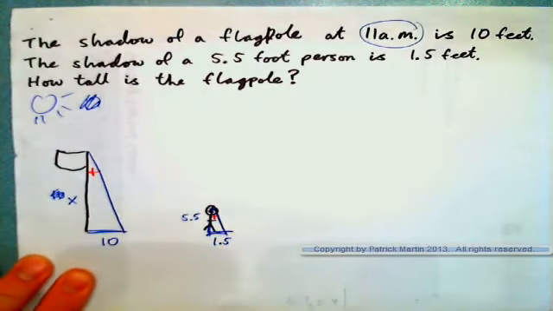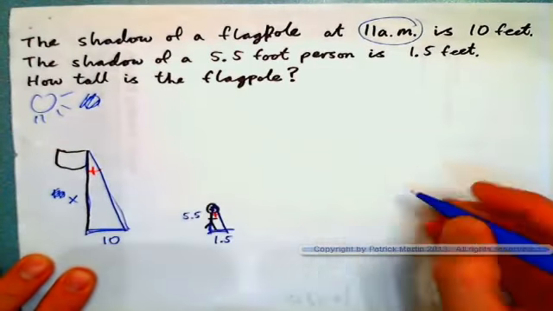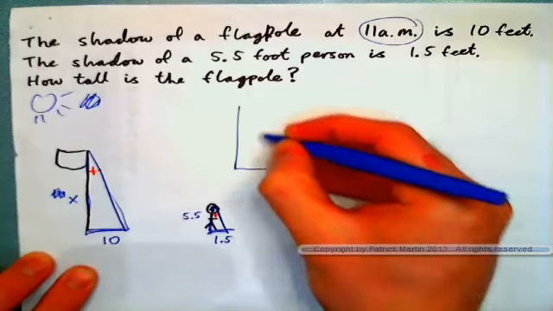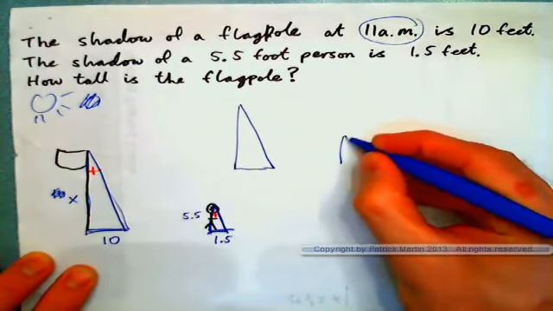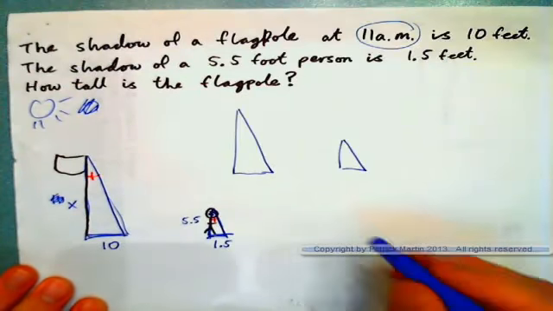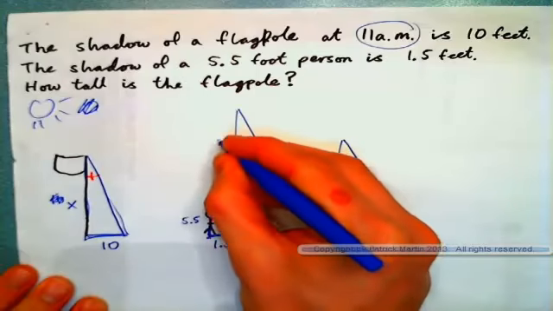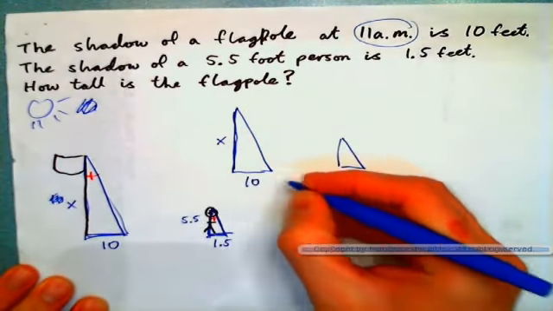Okay, so if we look at this now, we have this triangle here, and then we have this triangle here with the person. In this triangle, the height is unknown. This distance is unknown, that's the height of the flagpole. This distance is 10.